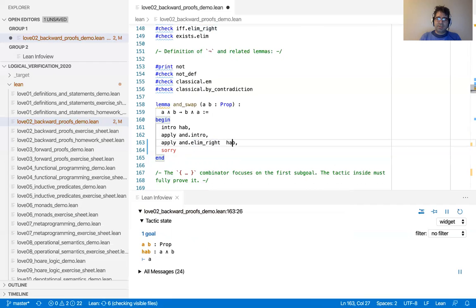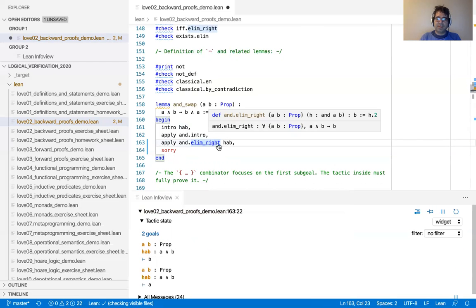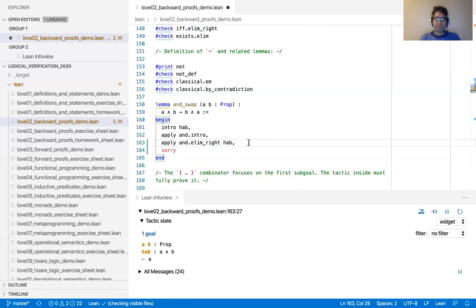But my recommendation is, you can pass it as an argument in some sense. So elim right accepts as first non-implicit argument a proof of a conjunction. So this is what we pass here.